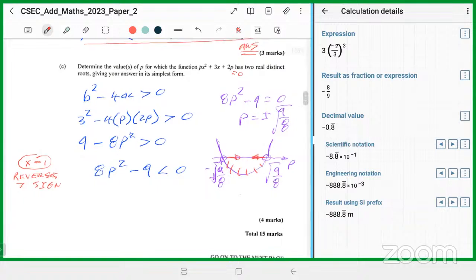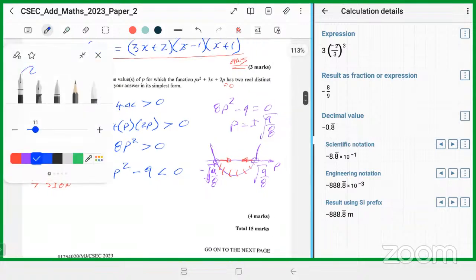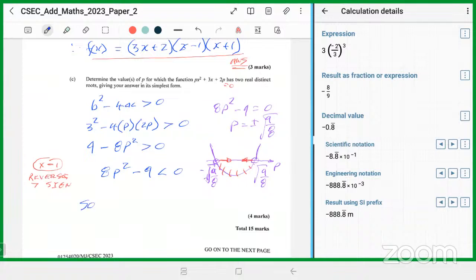And so my solution would be that my p is between these two critical values, less than the larger one, which is the square root of 9 over 8, greater than the negative square root of 9 over 8.